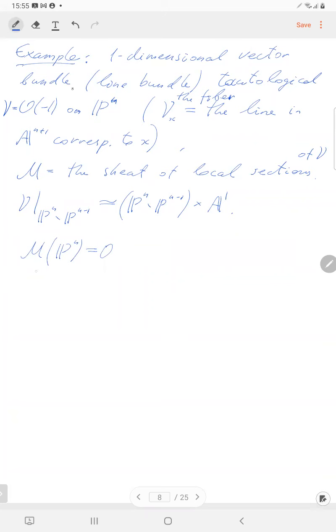Okay, so this was the notion of locally free sheaves. And now the central notion, a quasi-coherent sheaf.